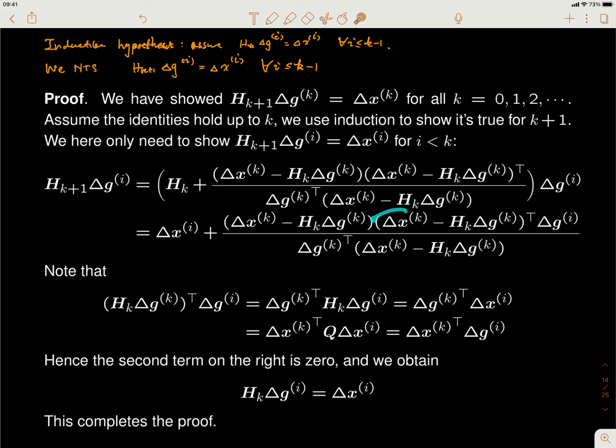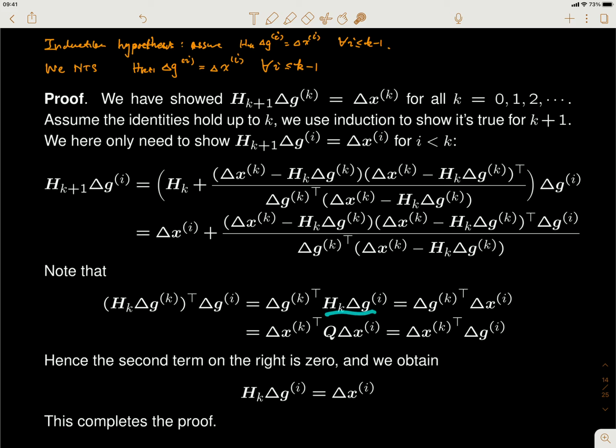Okay, now let's just look at what the scalar is. The scalar is the inner product of the two vectors. I first check what happens when I multiply this one to this. I multiply these two together, I have this, which is just this part. And that turns out to be, when I put the transpose inside of this, just the reverse order. HK is symmetric, so it's just this. And now, recall the HK, again using the induction hypothesis, this is just equal to delta xi.